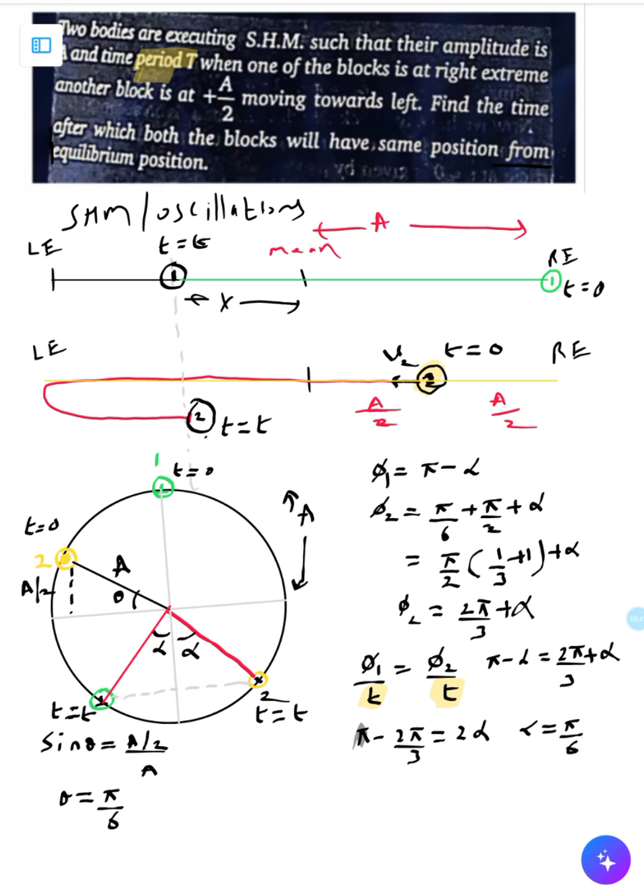Now we'll calculate the time. For one oscillation, what is the time it will take? Capital T. Then for this much angular displacement, phi 1, what is the time taken? That is t. So now what we'll write here is, for one oscillation it will take time T.